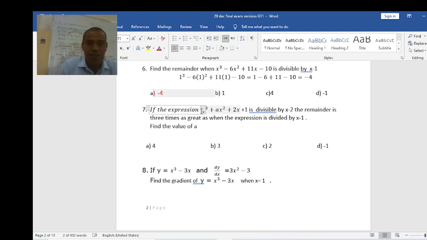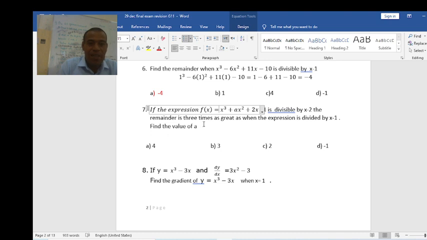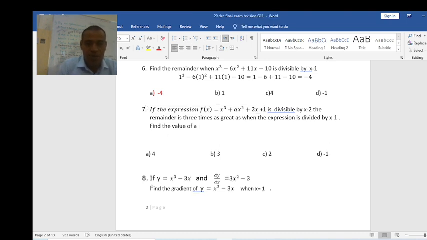If this is f of x, my learners, I will make f of 2 equal to 3 times f of 1. Clear? Then I will continue solving.